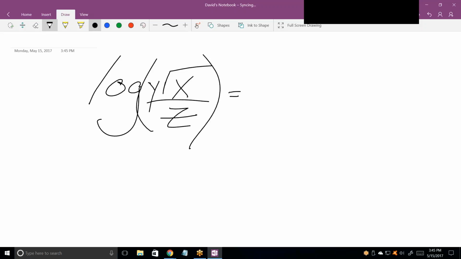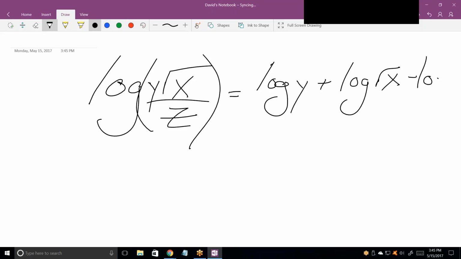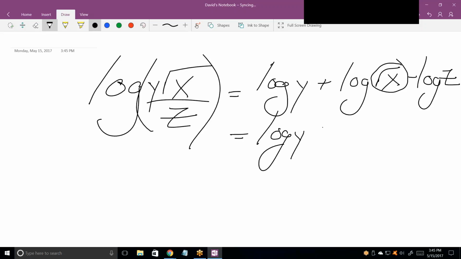So it would be log of y minus log square root of x, plus log square root of x, sorry, minus log z. Okay, and that can be expanded more. Turn that radical sign into an exponent. Log x. How about that?